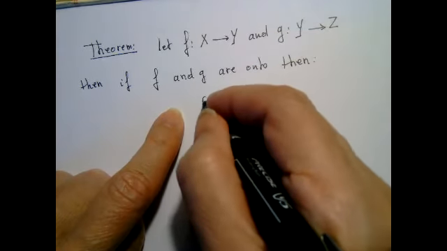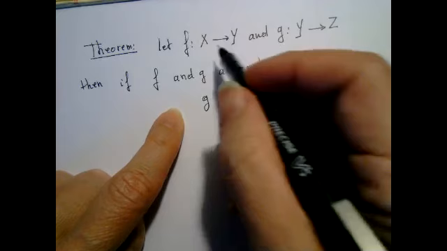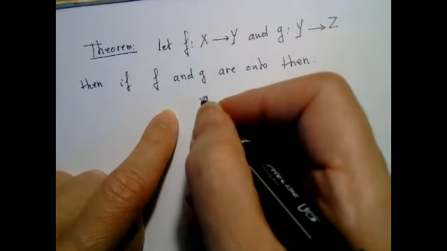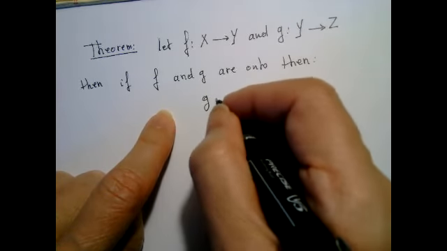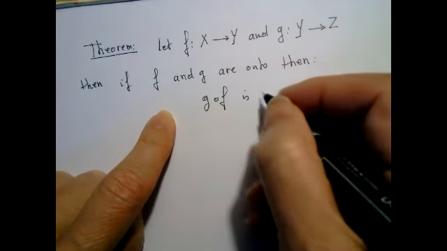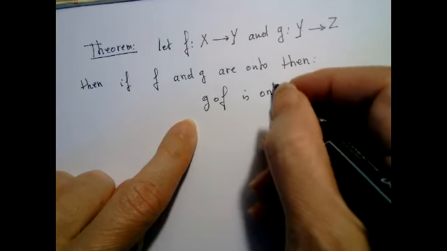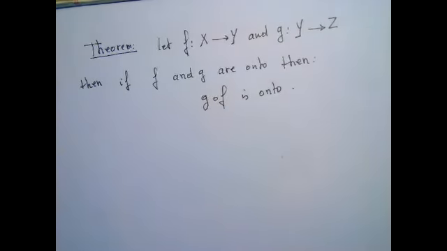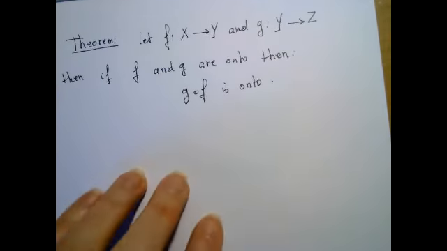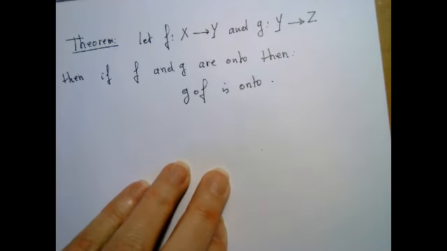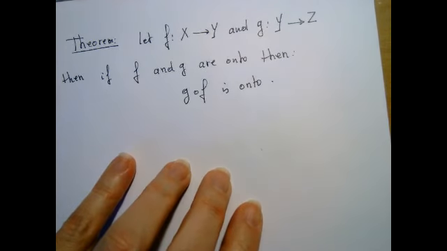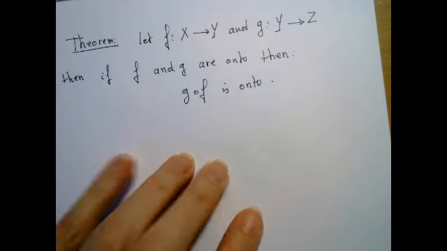So then G composed with F, X to Y and Y to Z, it means it is also onto. Okay. So if F and G have the property that they are onto, then when we compose them, I have a new function, and this new function will have the same property.